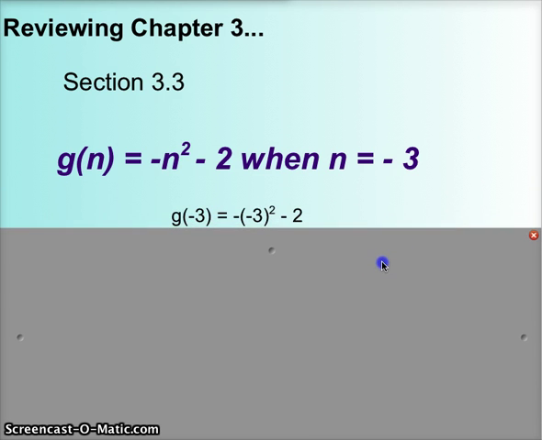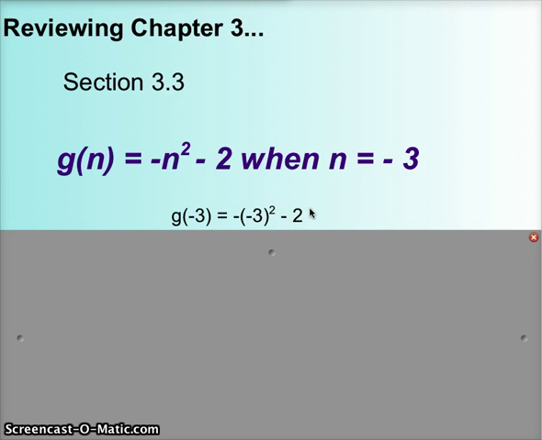When you substitute, g of -3 equals, remember that this negative here is already here, so that really means -1. Then you substitute in -3 for n squared minus 2.